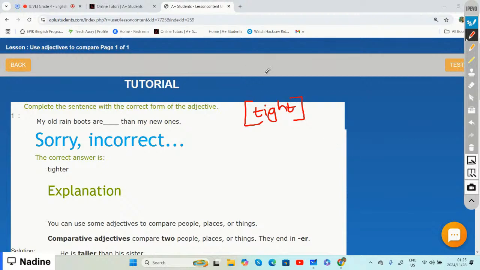Say if we are comparing our old rain boots to the new ones, do we say the rain boots are tightest or do we say it is tighter? Which one is correct? If we are comparing the old rain boots to the new ones, do we say my old rain boots are tightest than my new ones, or do we say my old rain boots are tighter than my new ones?